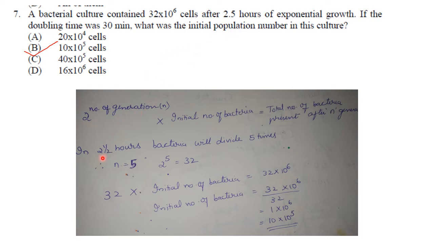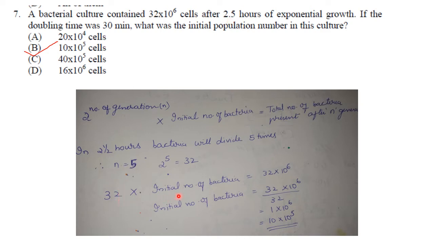Because they have given the doubling time was 30 minutes, after 2.5 hours bacteria will have divided n times. So we can calculate number of generations. N is equal to 5. 2 raised to 5 is equal to 32. Now multiply 32 with initial number of bacteria and you will get total number of bacteria present after n generations as per the formula. They have asked us to find out initial population number in this culture, and they have given the number of bacteria present after 2.5 hours.